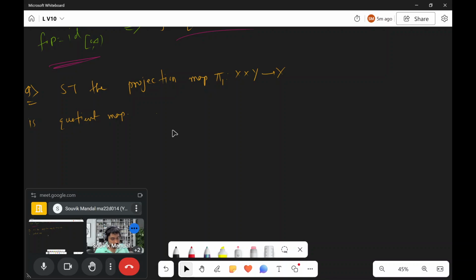So first observations are the following. Projection of pi 1 is continuous and surjective.